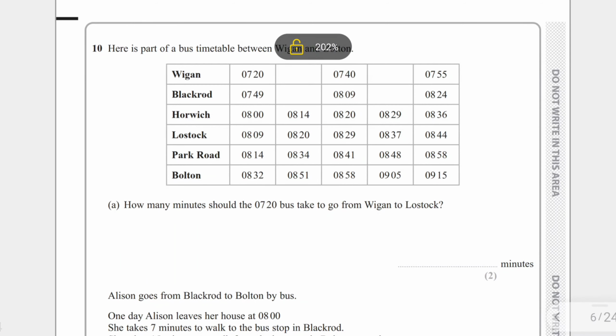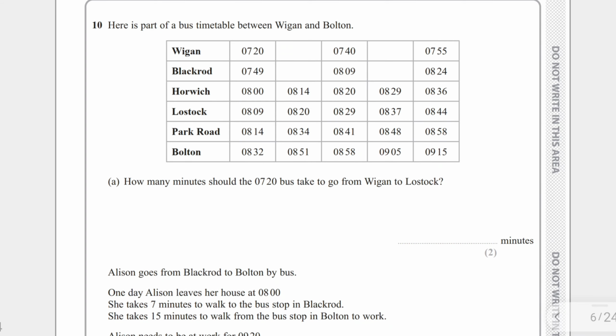So here is a part of the bus timetable between Wigan and Bolton. So how many minutes should the 7:20 bus take to go from Wigan to Lostock? So this is the 7:20 bus from Wigan to Lostock.